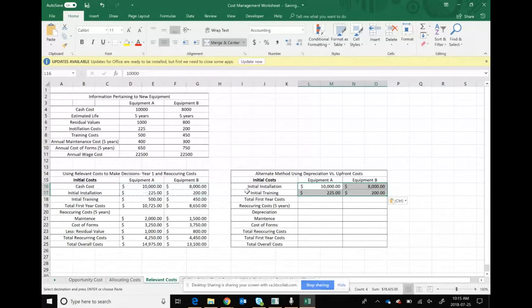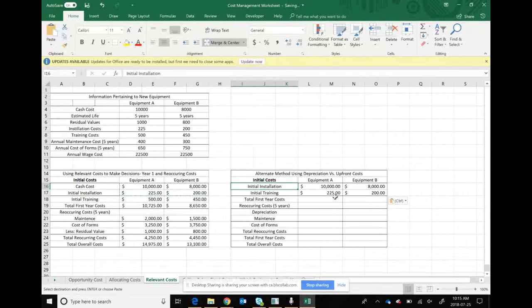In the first year, with the alternative method, we do not consider the upfront purchase cost of the equipment, because using depreciation, that cost is allocated over the course of that asset's useful life.